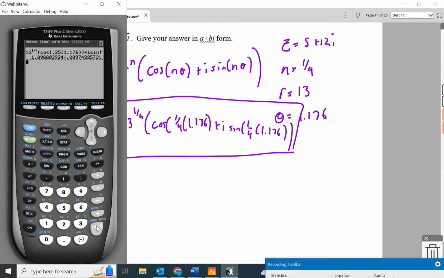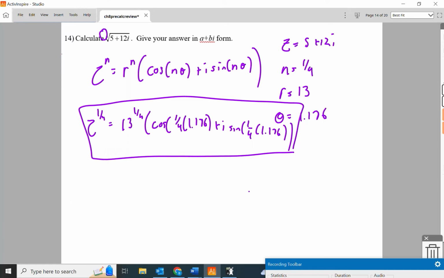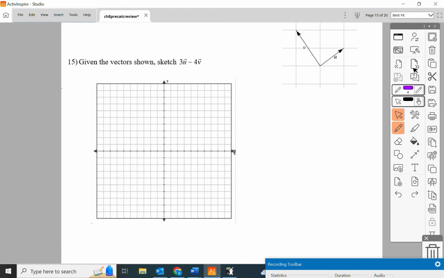I bet it just can't do it. No, it did it. Alright, so there's what we have. Now the original was 5 plus 12i. It seems really silly to do a lot of this stuff anymore. I mean, we have technology. No, we're off a little bit somewhere. It's probably because of the rounding of that angle. I don't know. Anyways, that's de Moivre's theorem.